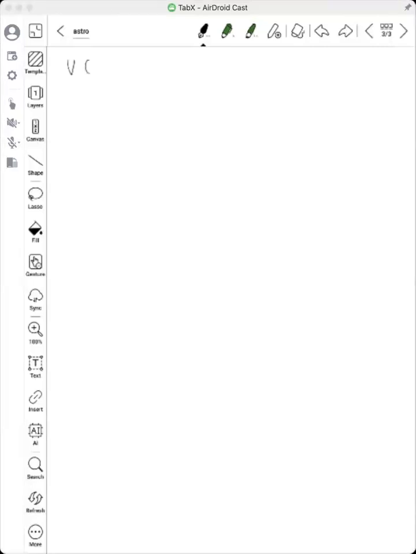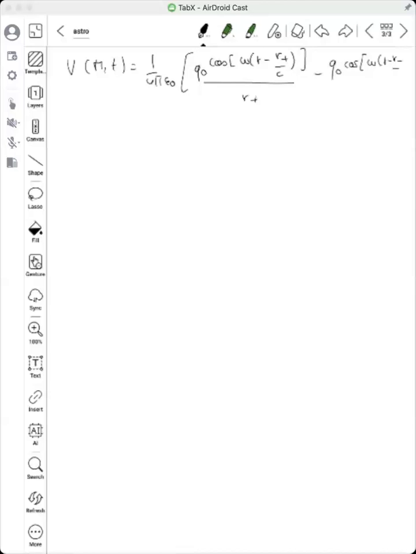I have that V(r,t) is 1 over 4 pi epsilon 0 times Q0 cosine omega (t minus R plus divided by c) minus Q0 cosine omega (t minus R minus divided by c). Okay, and I just wrote expressions for R plus-minus.